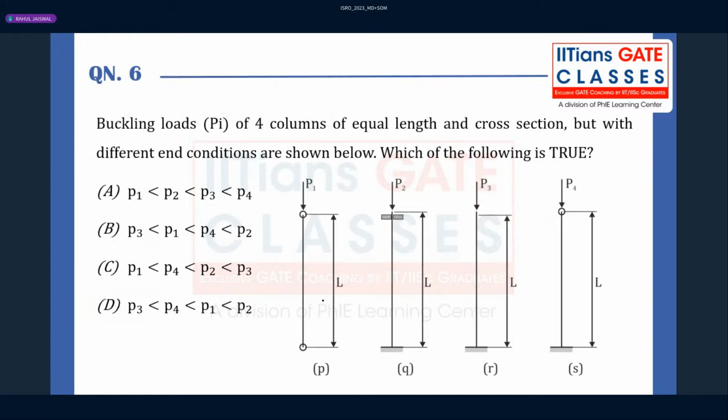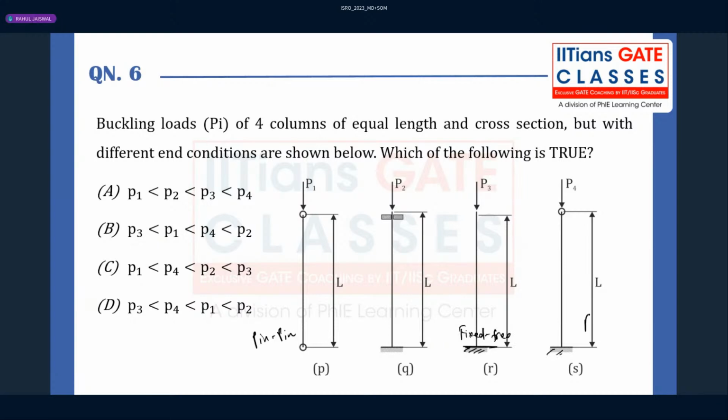So while looking at the options, where is my P2? Here when you observe, this is the fixed free condition, fixed free conditions, pin pin connection.